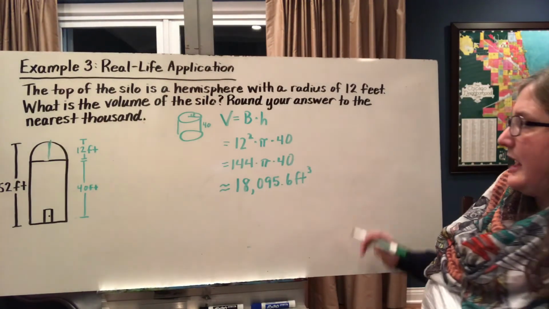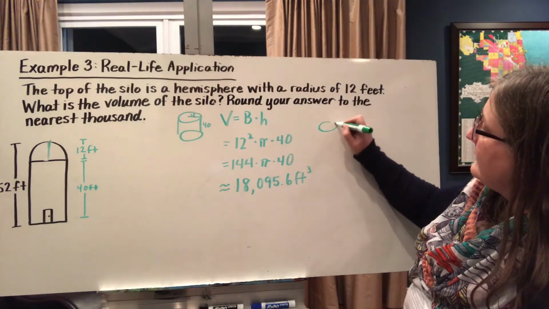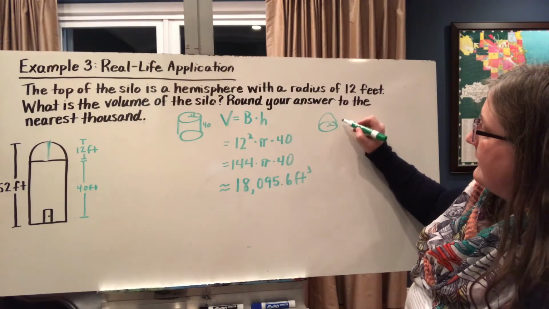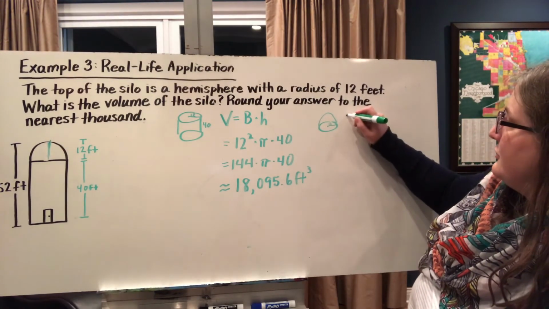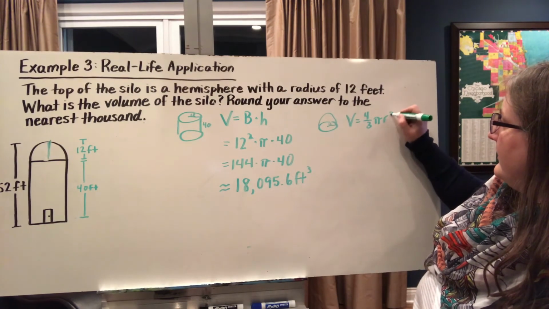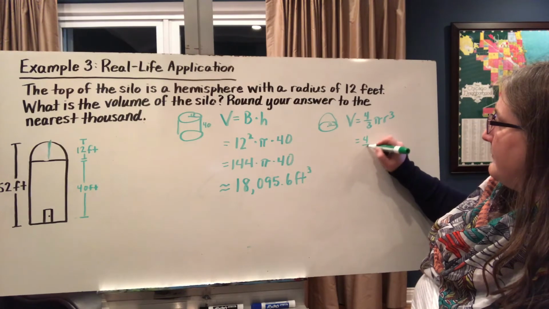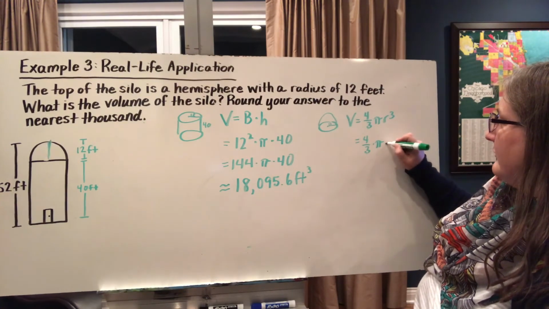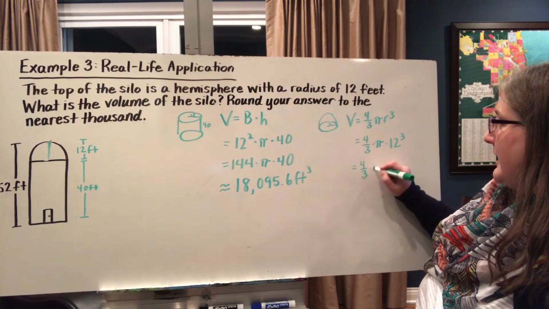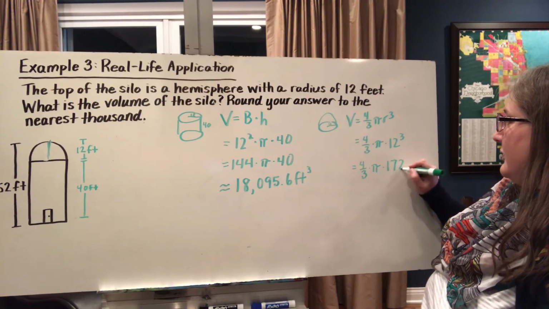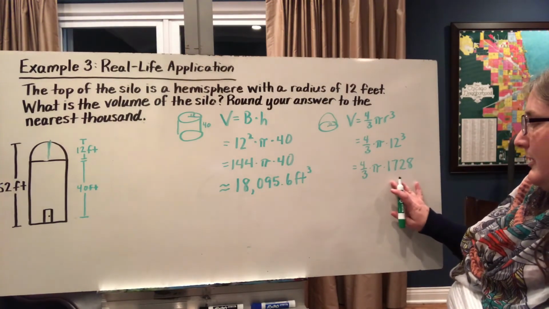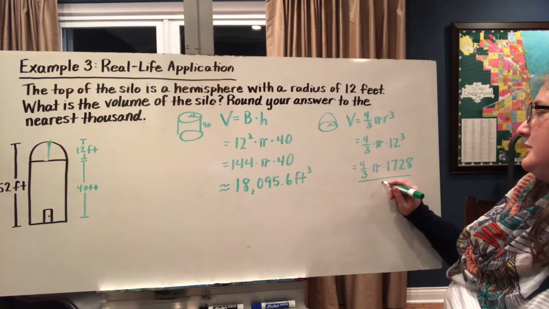Now I have to do the hemisphere piece. So that's the part that's sitting on top. We know it's got also a radius of 12 feet, and we're going to use our sphere formula. So I'm doing 4/3 times pi times my radius of 12 to the third power. So 4/3 times pi times 1,728. So I'm actually going to do this whole problem, but I'm going to divide it by 2.